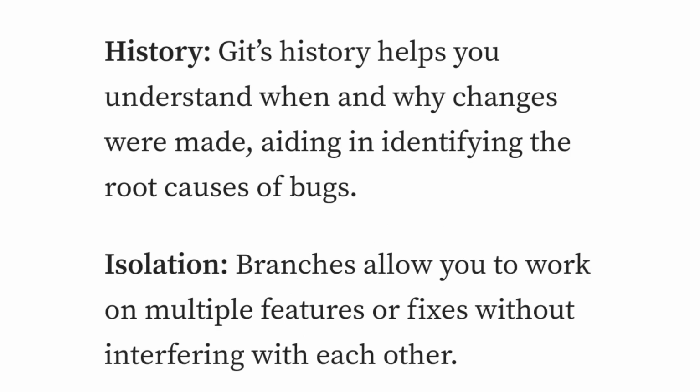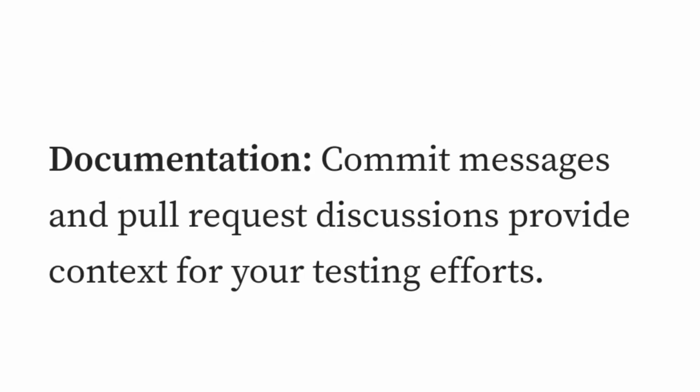Git's history helps you understand when and why changes were made, aiding in identifying the root causes for bugs. Isolation. Branches allow you to work on multiple features or fixes without interfering with each other. Documentation. Commit messages and pull request discussions provide context for the testing efforts. By learning about Git and GitHub, you become a more valuable resource for your team.